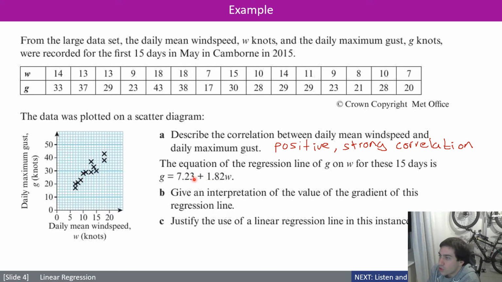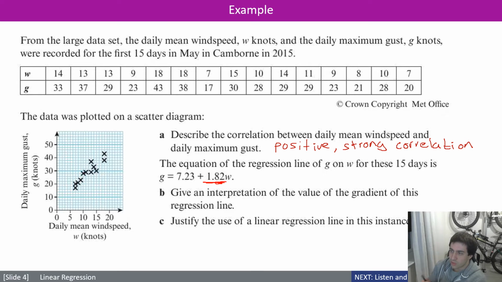Okay, so assuming you've checked that you get those two coefficients, give an interpretation of the value of the gradient of this regression line. So the gradient is 1.82. It's kind of obvious. You just want to say what the gradient means in terms of when one value increases, how does the other value increase?